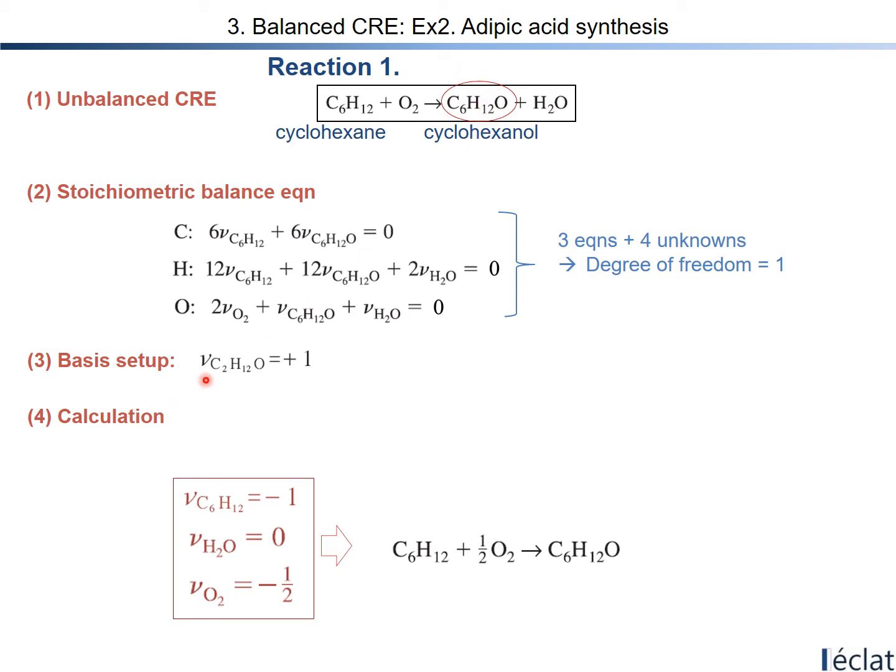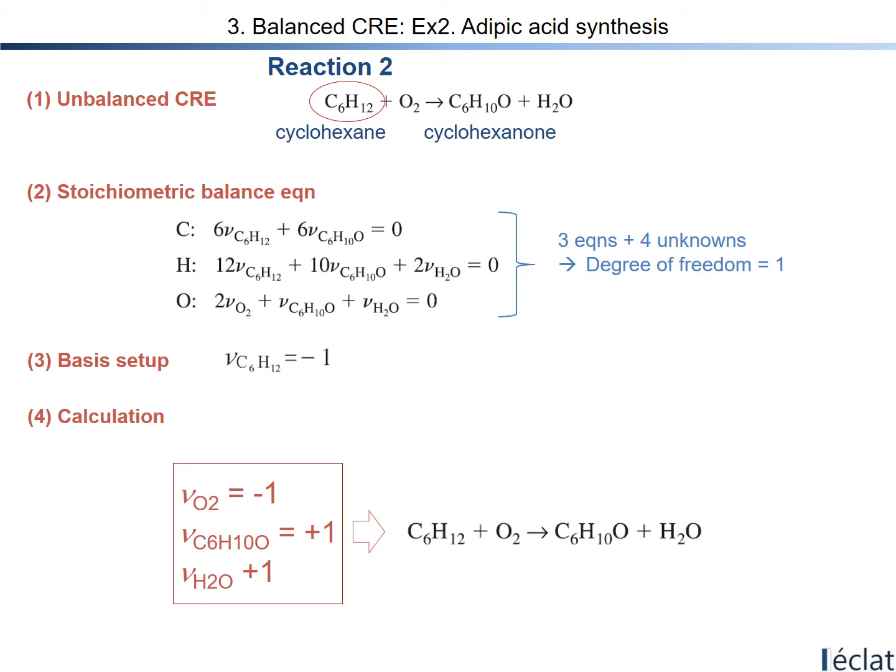So nu cyclohexanol is equal to +1. Then after fixing one unknown stoichiometric coefficient, we have 3 equations and 3 unknowns. So degree of freedom is 0. Then we can calculate it. So the result is like that, and the final balanced CRE.